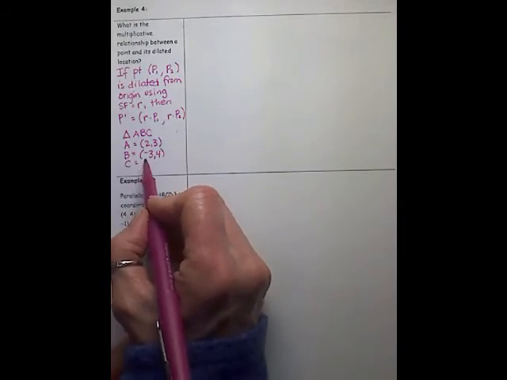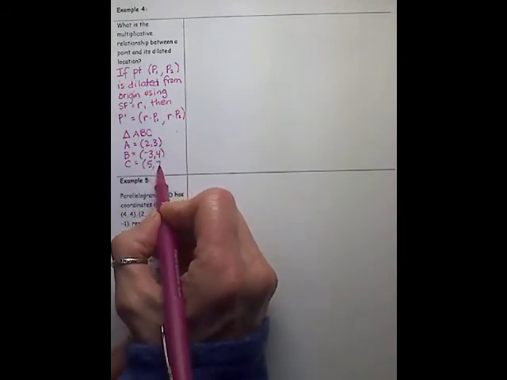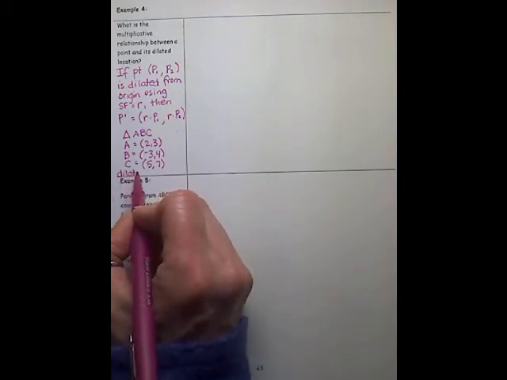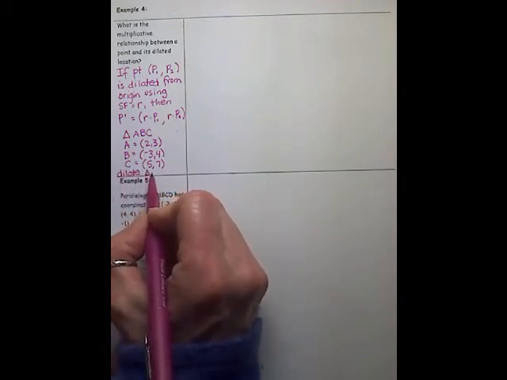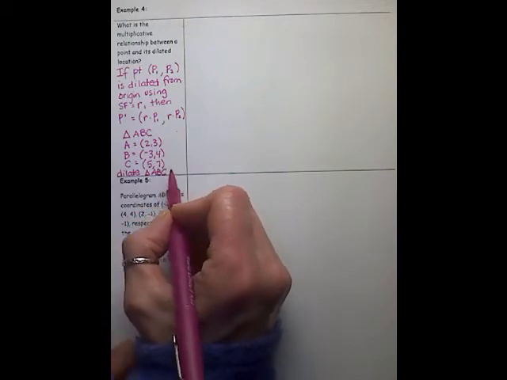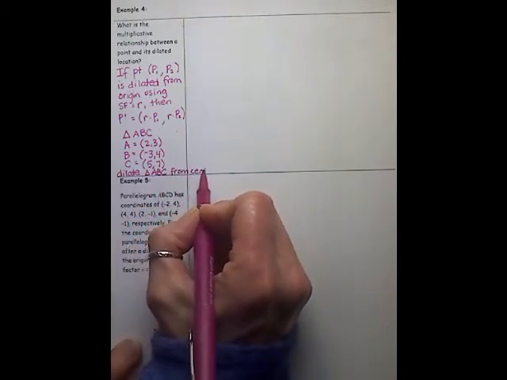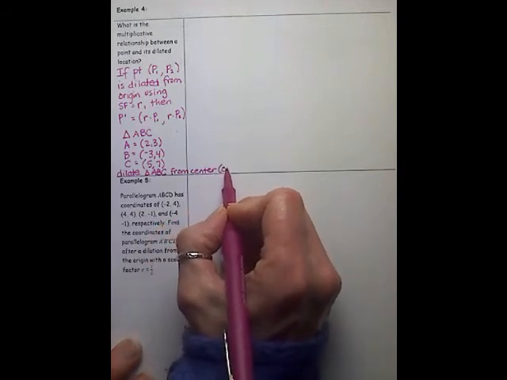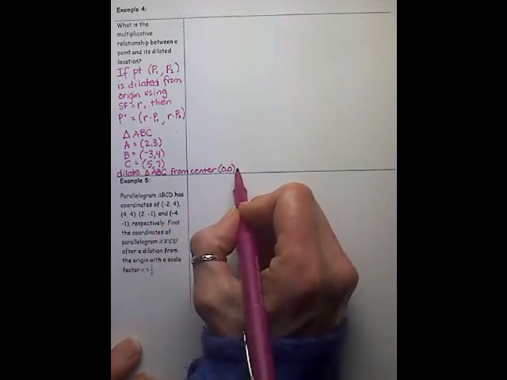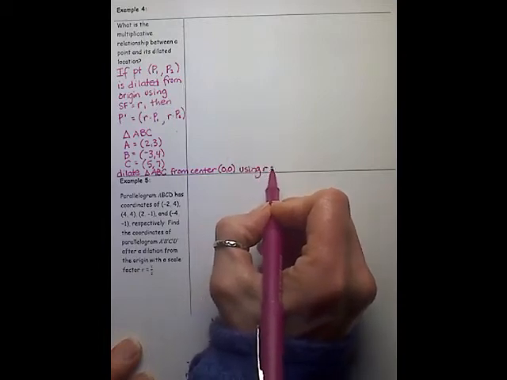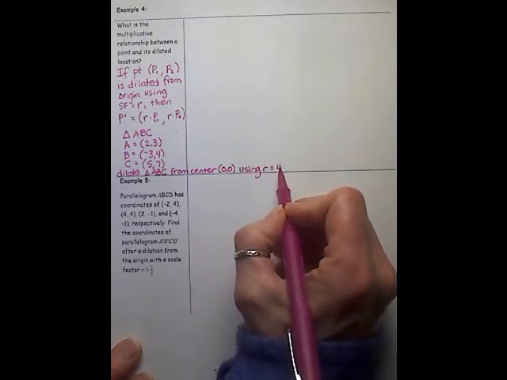And our coordinates for C are 5, 7. And we are going to dilate triangle ABC from center O, the origin, using R equals 4.